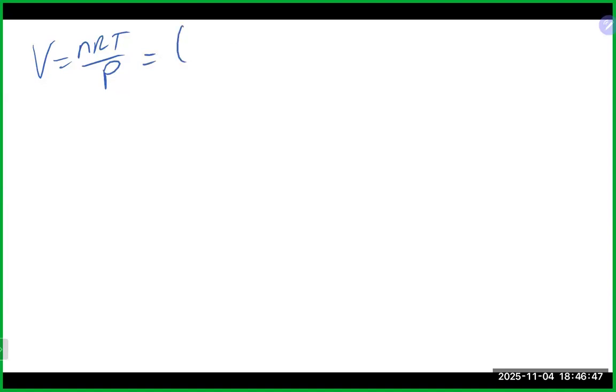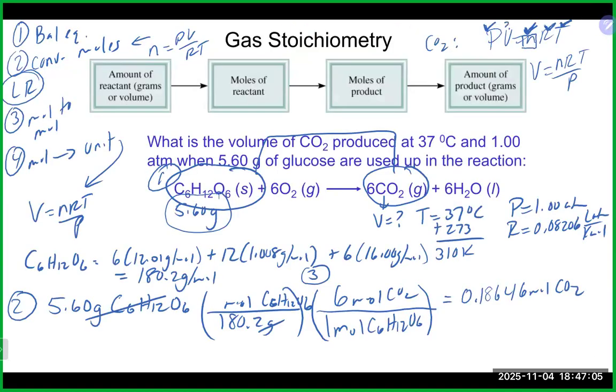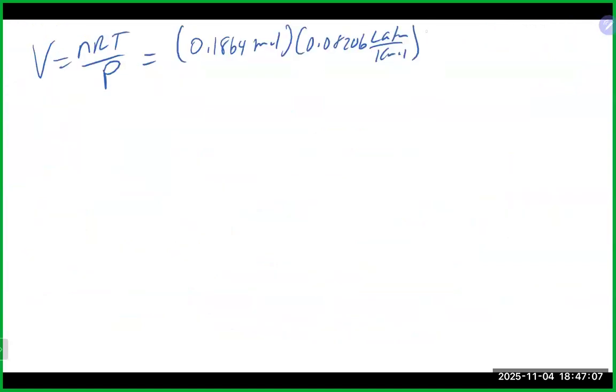So our n there is 0.1864 moles. Our R is 0.08206. Our temperature there was 310.